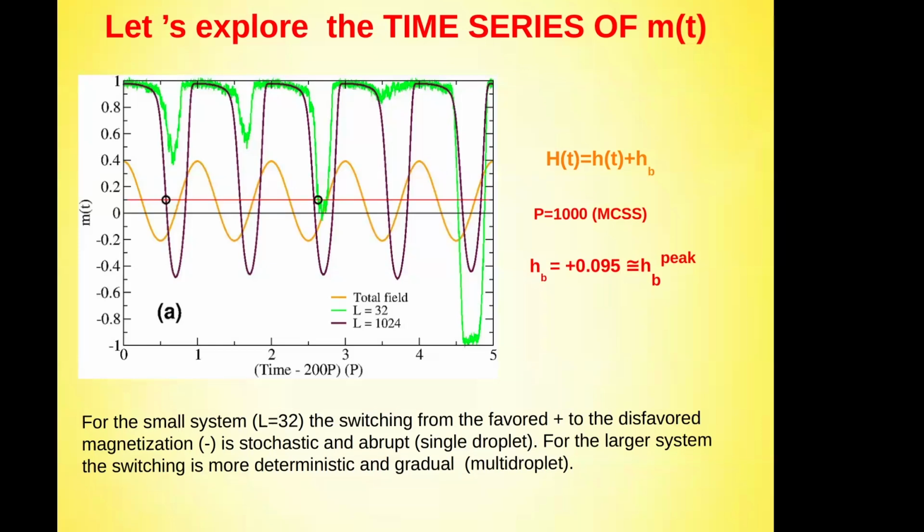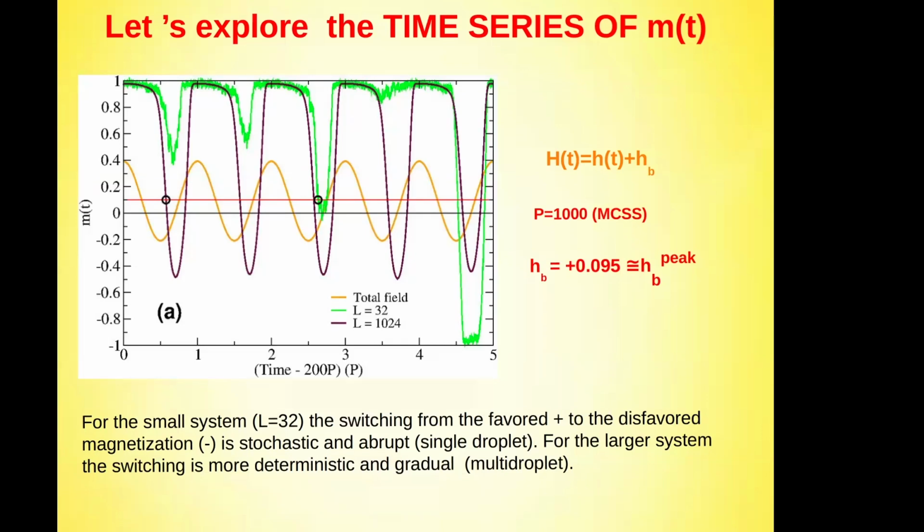That's very strange. In a small system, the switching toward the stable phase is stochastic. The switching for a larger system toward the stable phase is deterministic and gradual. And you say, well, but that's very typical. This kind of behavior is described by the nucleation theory.